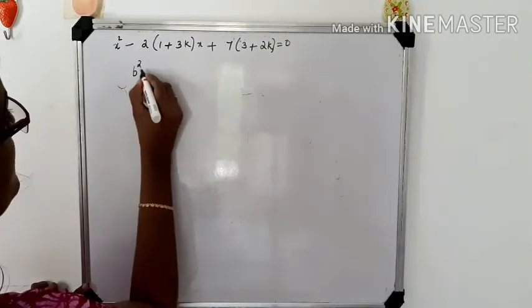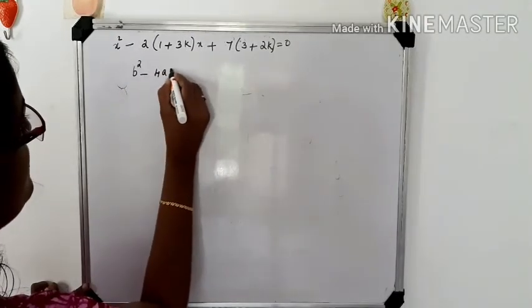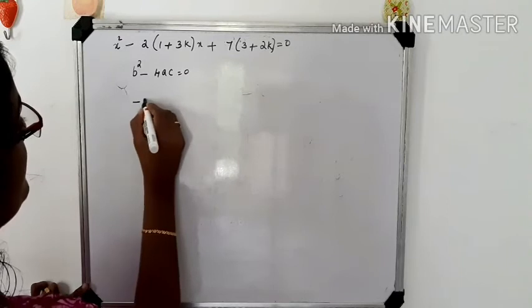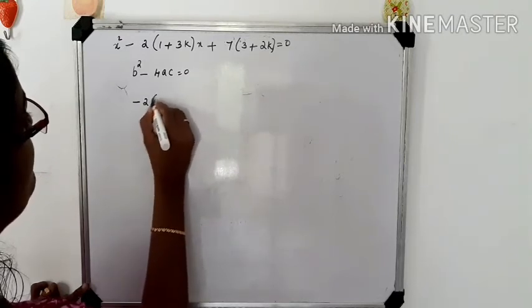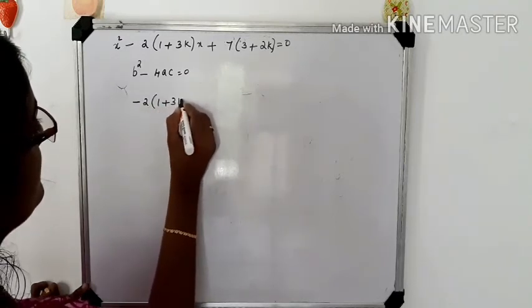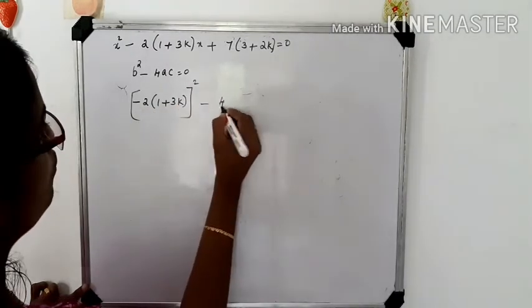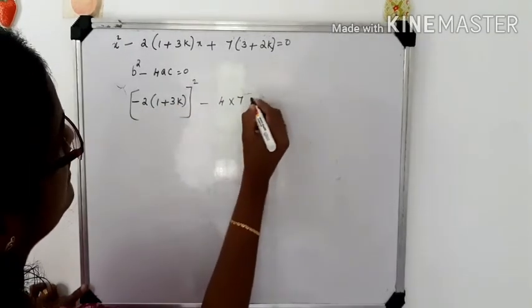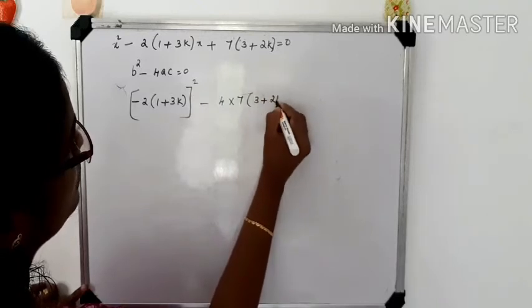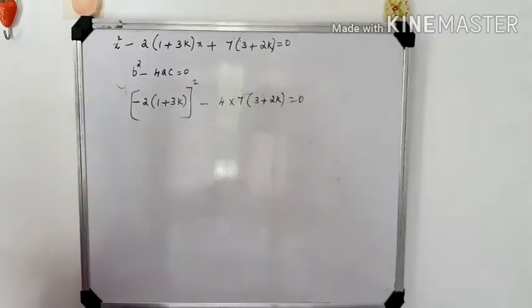So if the roots are equal, b square minus 4ac equals 0. That is, minus 2 into 1 plus 3k, that is b square, minus 4 into a which is 1, into 7 into 3 plus 2k equals 0.